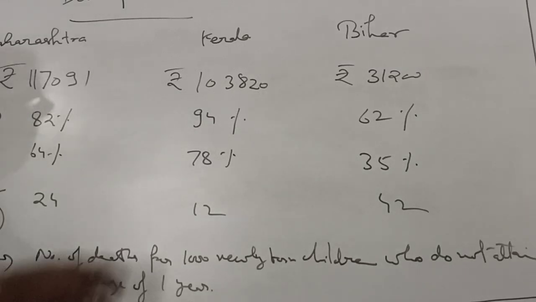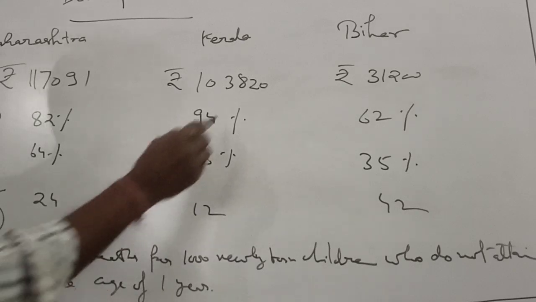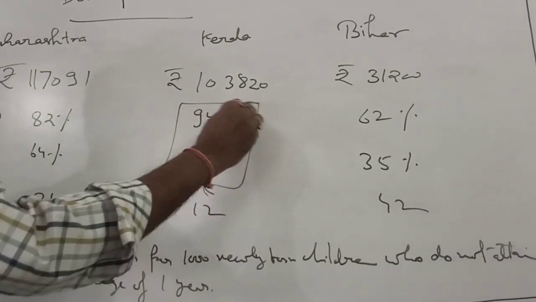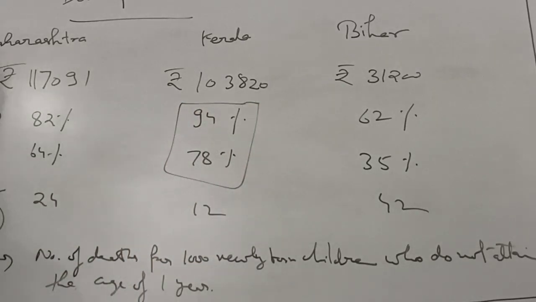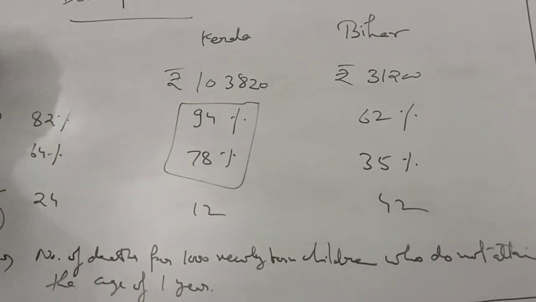Now, what is the reason why Kerala is gaining pace in these two areas, literacy rate and net attendance ratio, and is much better in case of IMR or infant mortality rate? Now we will discuss the factors responsible for this situation.